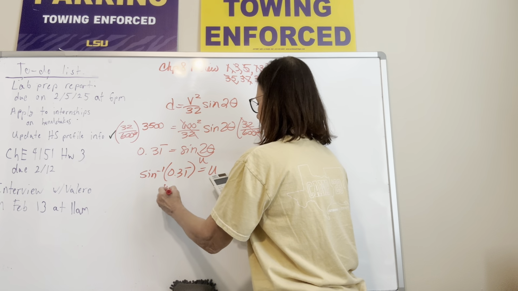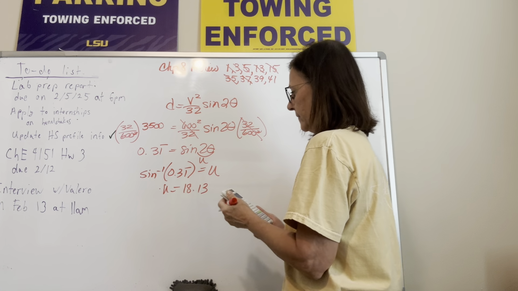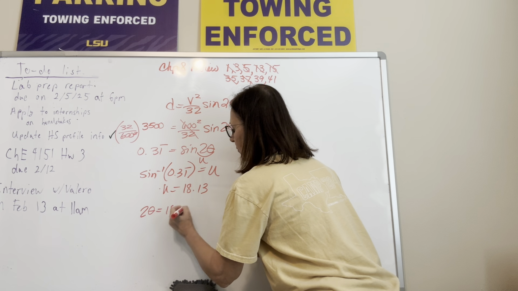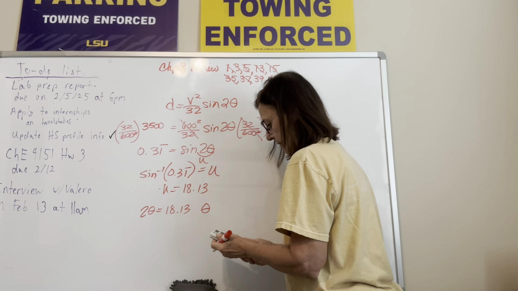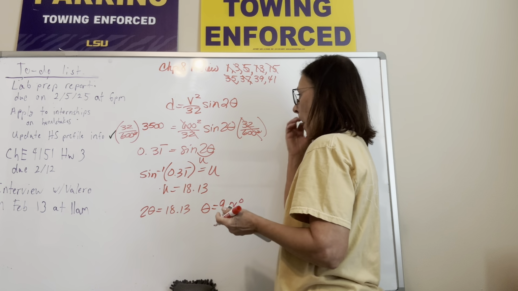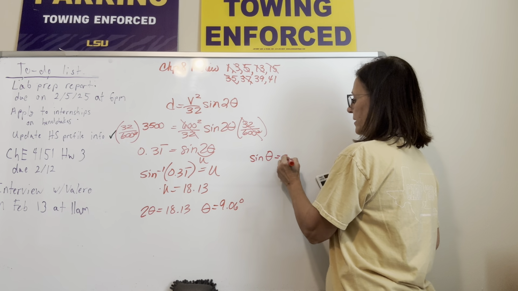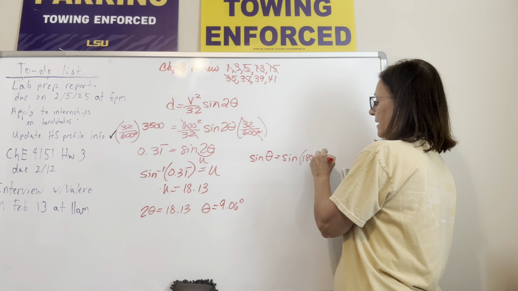All right, so u equals 18.13, but that's really 2 theta equals 18.13. So divided by 2, it's 9.06 degrees.